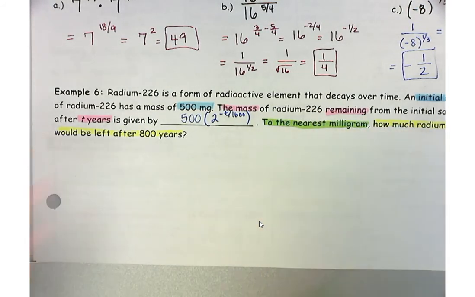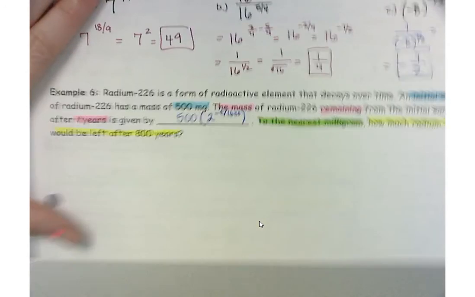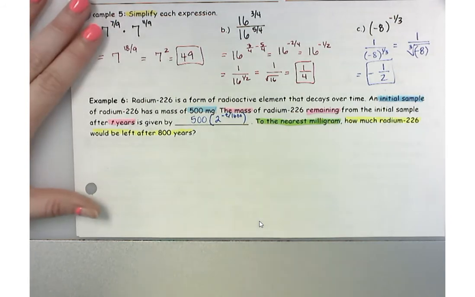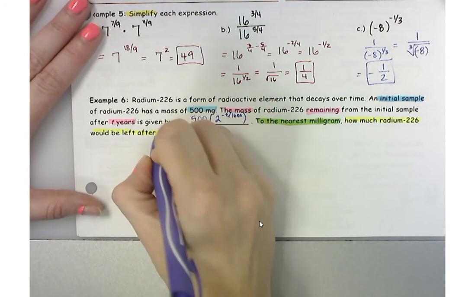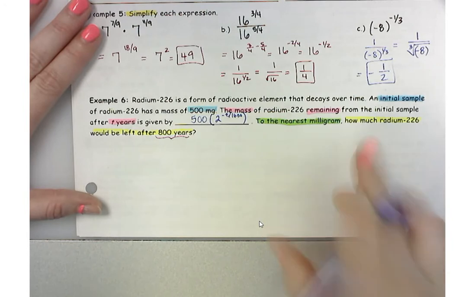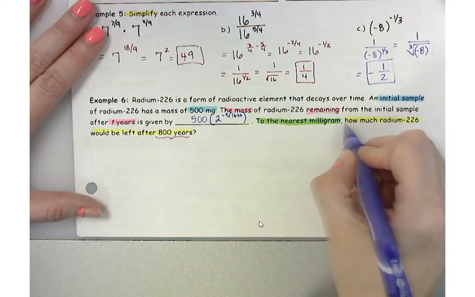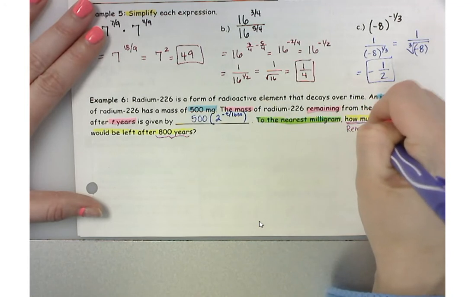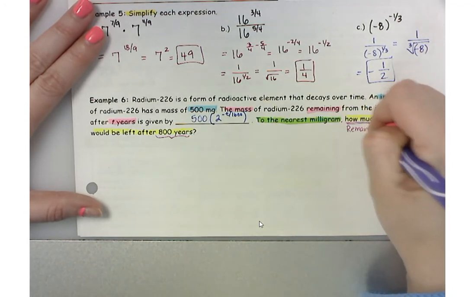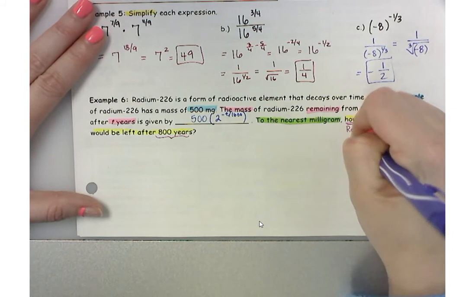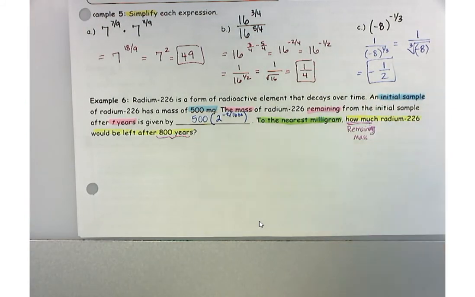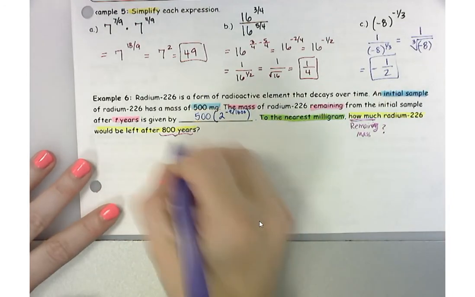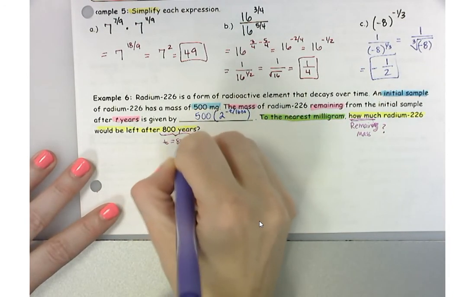How much is left after 800 years, which I know I'm going to be plugging in for T. Okay, so this tells us that the mass remaining is given by this equation. So the mass remaining, what I'm trying to find, is equal to 500 times 2 to the power of -T over 1600, which this is the form of the equations that we looked at in chapter 4.